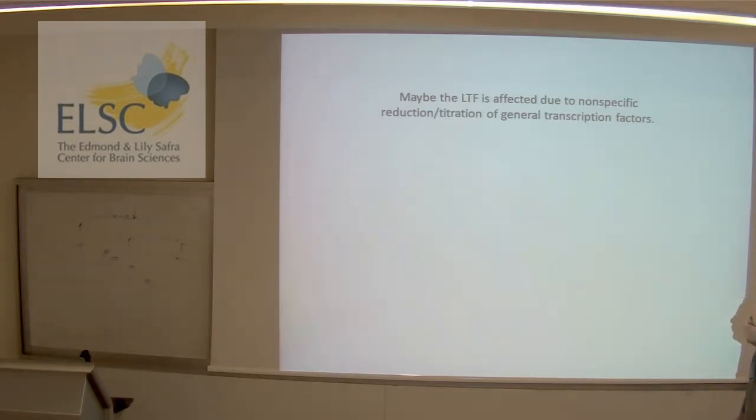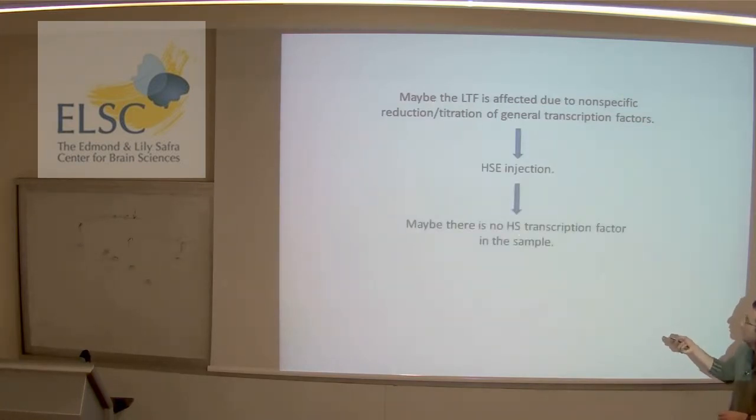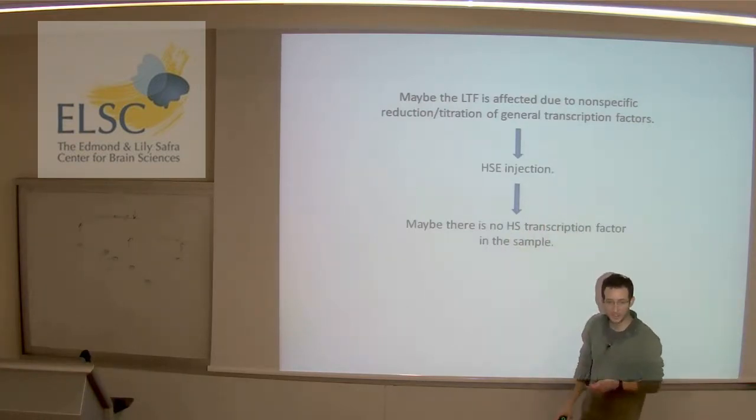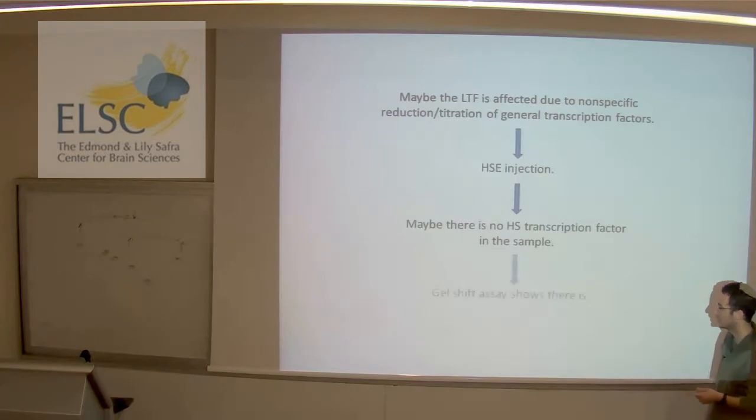Now to conclude, this paper has a good way to deal with criticisms about the work. The last one I've mentioned was that maybe the long-term facilitation is affected due to non-specific reduction or titration, it's the same thing, of general transcription factors. So what they did is inject heat shock element. And then another criticism is that it might be that in the aplysia there are no real transcription factors that bind to the heat shock element, and they bothered to check this as well using gel shift assays.